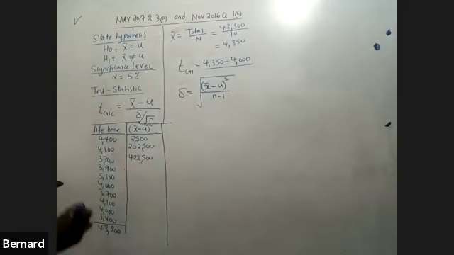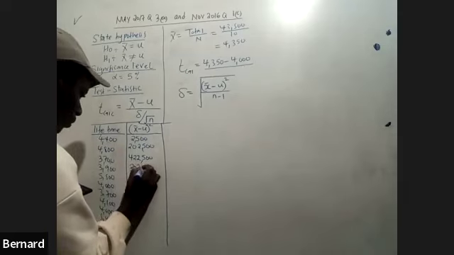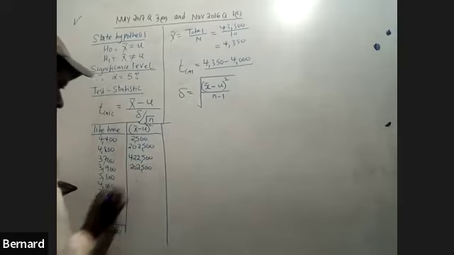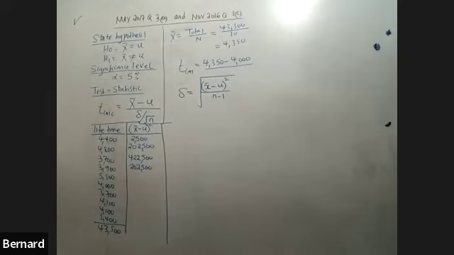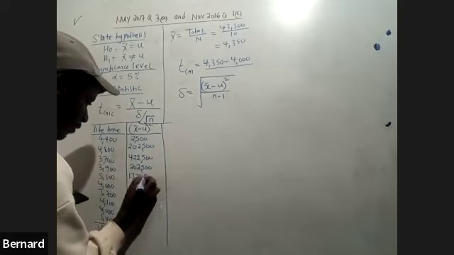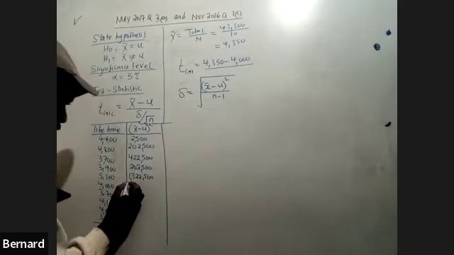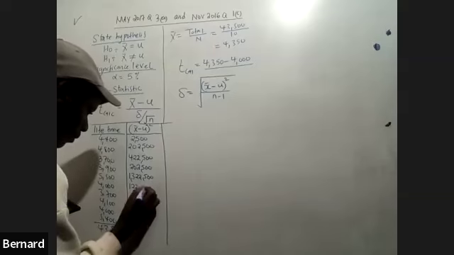Hizo ni 422,500. Nikitoka hapo naenda kwa 39. 2025.00. Kutoka kwa 39 naenda kwa 55. Inatupatia 1322,500. Tunaenda kwa 4,000. 122,500.